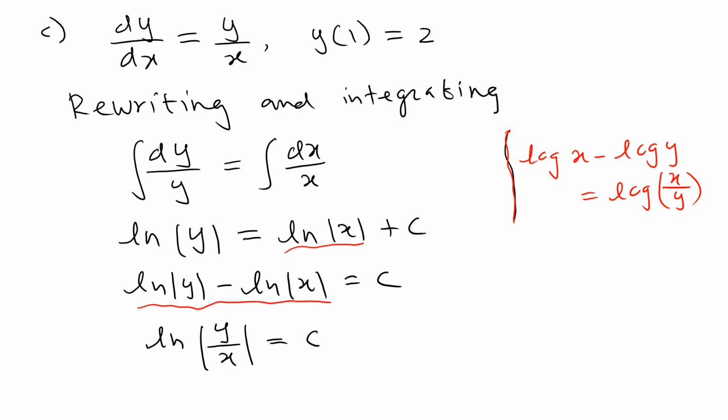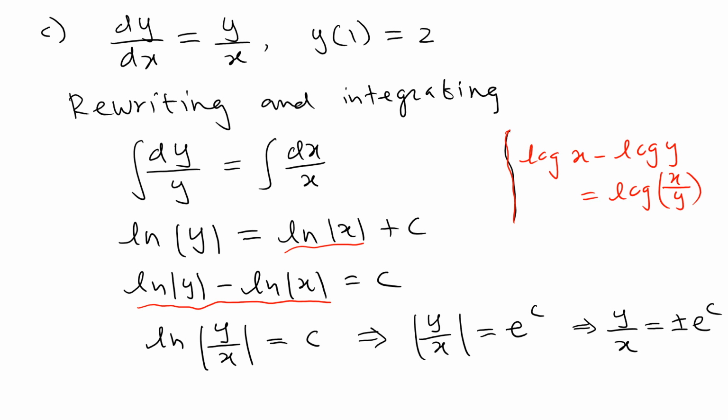Now, as in one of the previous examples, you can write the exponential form. That tells you that the absolute value of y over x equals e to the c. And then we can remove the absolute sign. When you remove the absolute sign, you get plus or minus. So we can write y over x equal plus or minus e to the c.